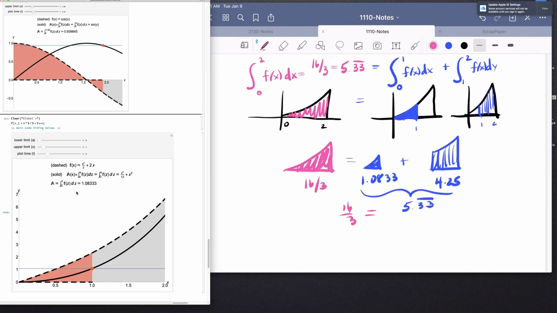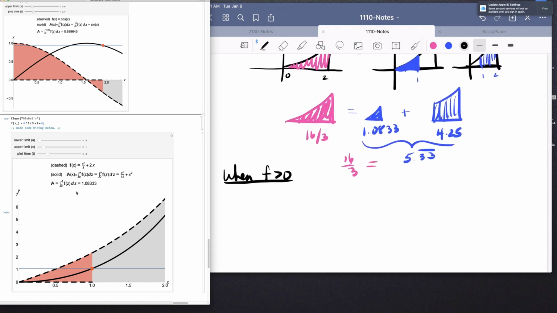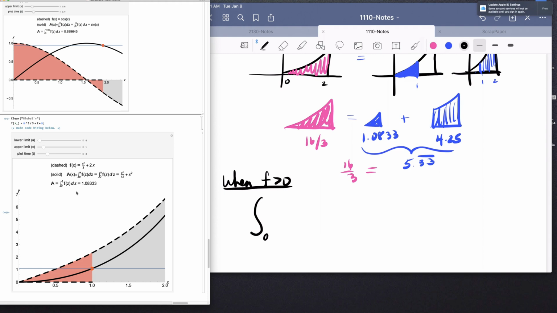Okay, so what we're essentially saying is that these properties of the integral make sense when the function is greater than 0, right? We can interpret the definite integral from a to b of f of x dx as a positive area.